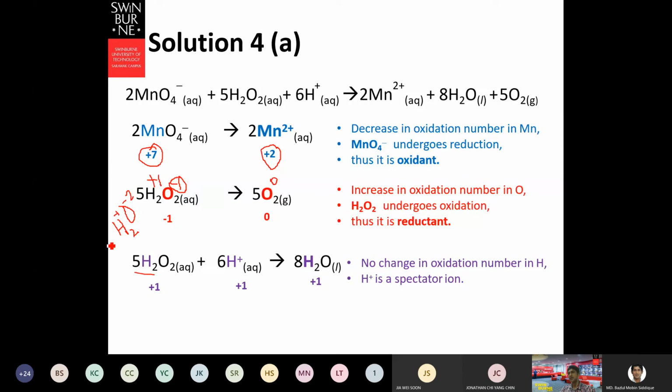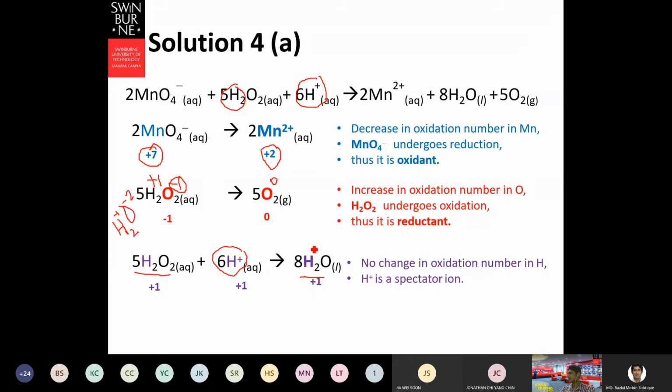For hydrogen peroxide, again, it is producing water, and the hydrogen, in both cases, the hydrogen ion and hydrogen here, is not changing any of its oxidation state. That means it is not involved in this oxidation reduction.